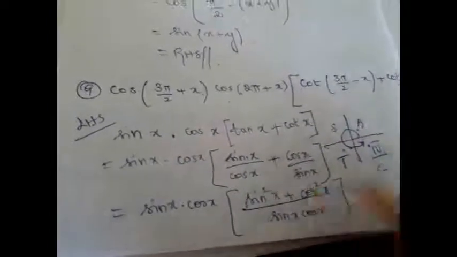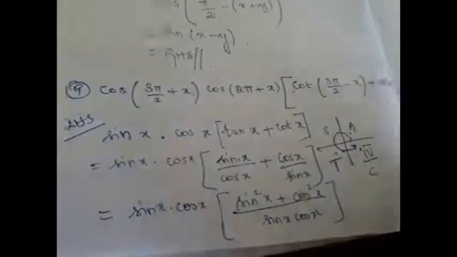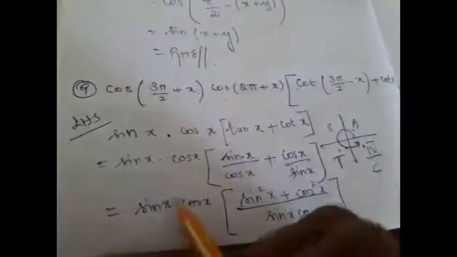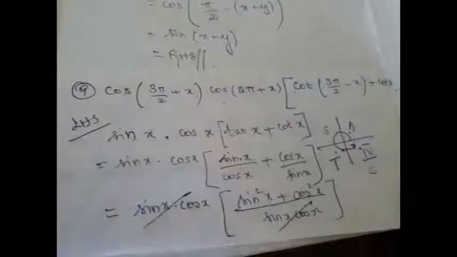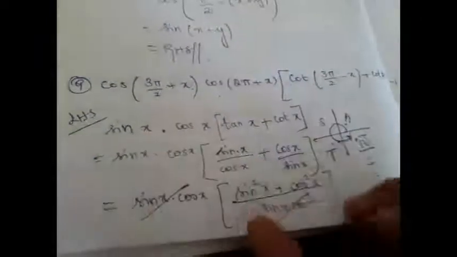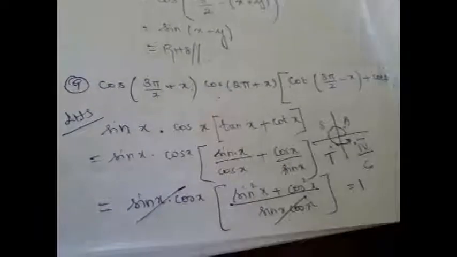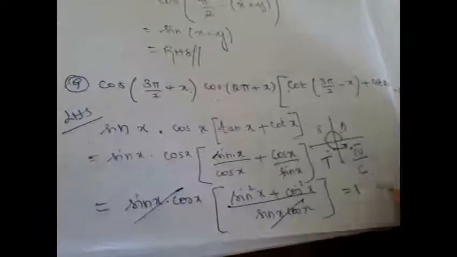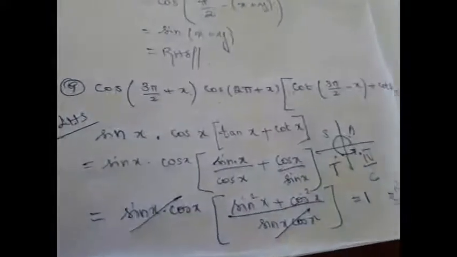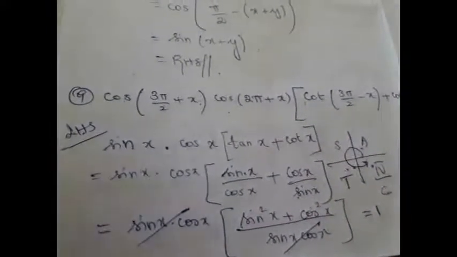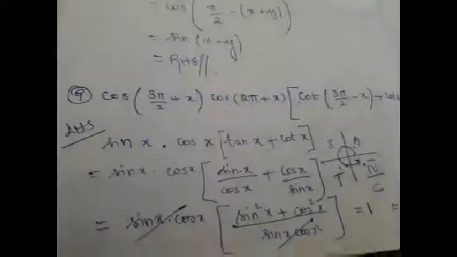What is sin square x plus cos square x? 1. So the numerator will become 1 and this sin x cos x will get cancelled. This is an entire term, you can cancel it. So the numerator will become 1, which is nothing but your right hand side. Hence we proved.